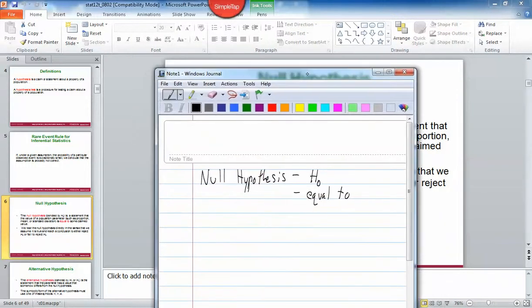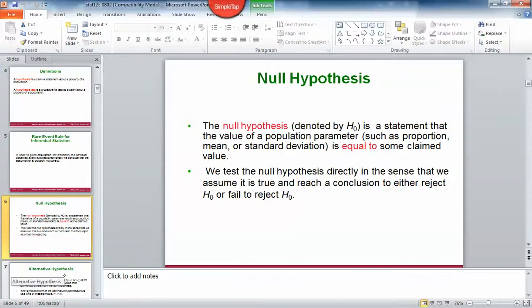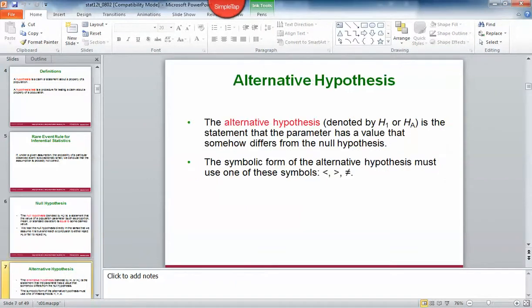Now we have another hypothesis with every claim, and that hypothesis is called the alternate hypothesis. The alternate hypothesis we're going to denote H sub 1.